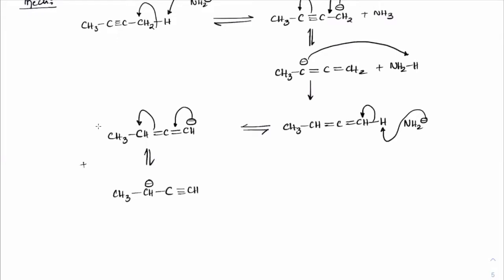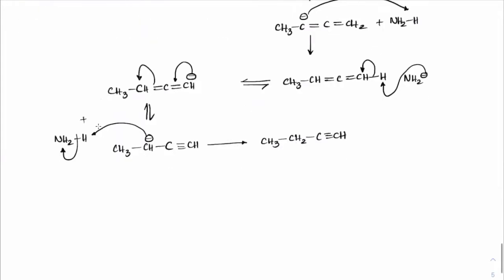Because NH3 has formed, NH2H is present, so the minus will extract the proton. The product you have here is CH3, CH2, C triple bond CH. And you know, the terminal carbon will again react with NH2 minus to give the final product as CH3, CH2, C triple bond C minus Na plus plus NH3. This is where it will stop.